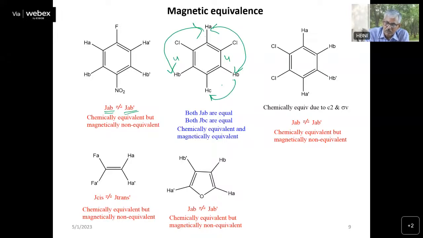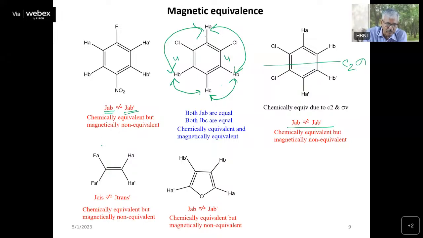Similarly, both these are equal. So we will call these both protons chemically equivalent and magnetically equivalent. But exactly similarly, you see here there is a C2 axis and also a sigma. Here also you will see that JAB is not equal to JAB prime. So these two B protons and A protons are chemically equivalent, but not magnetically equivalent, so magnetically non-equivalent.